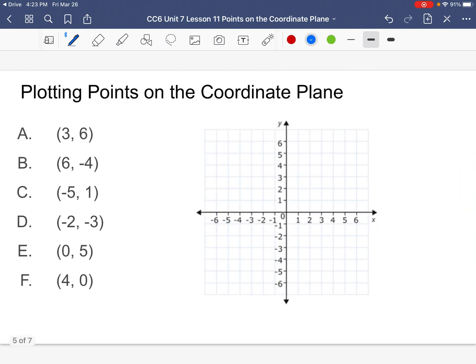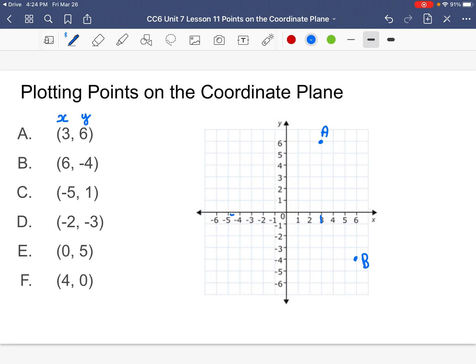To plot points on the coordinate plane, remember that the first coordinate is always the x-coordinate and the second coordinate is the y-coordinate. So 3 on the x-axis and then up as far as 6 on the y-axis. That's A. B is 6 on the x-axis and then down to -4 on the y-axis.